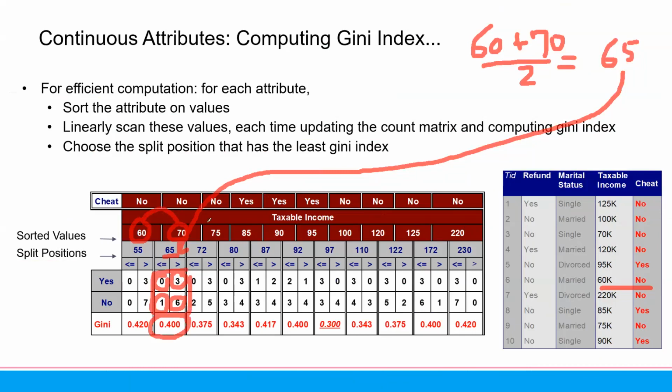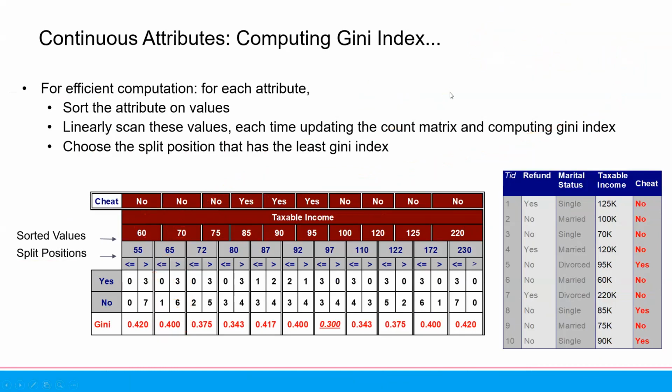Again, we will check the next between 70 and 75. So 70 plus 75 divided by 2. It should be 72.5, but we can just round it to 72.